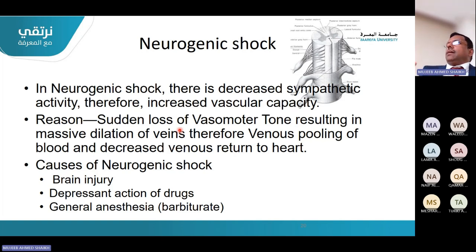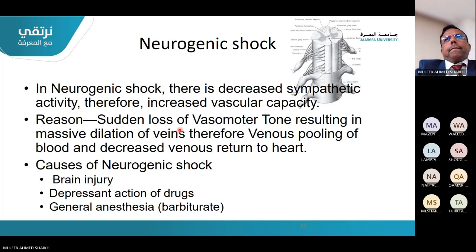If it is affecting the sympathetic system also, this will cause decreased signaling of the sympathetic system. This central nervous system depression will lead to decreased sympathetic output and vasodilatation, leading to decreased total peripheral resistance, and mean arterial pressure will be decreased. So the depressant effect of general anesthesia, brain injury, and spinal cord injury all will lead to a type of shock called neurogenic shock.